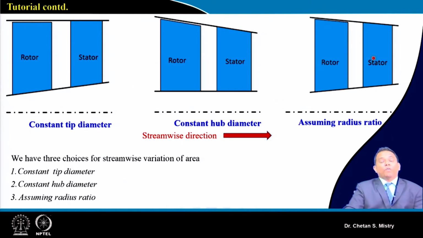If you recall, when we were discussing the Pratt & Whitney engine, we discussed different kinds of flow tracks. Initially you will assume some configuration, and later on, as per the requirement, you may need to modify your design. Suppose you are doing your design for a transonic configuration, and that too in multi-stage.